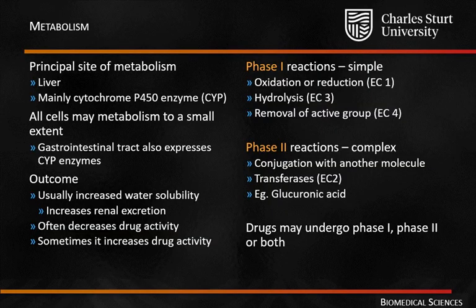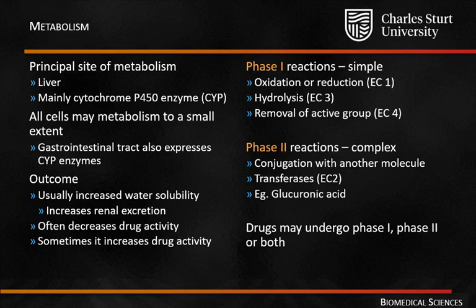So phase 1 reactions are generally simple. They may be oxidation reduction, so from the first enzyme family, or it might be a hydrolase reaction where it breaks the molecule apart, usually at an ester group, or it might be the removal of an active group, like a carboxyl or an amine group from the drug molecule.